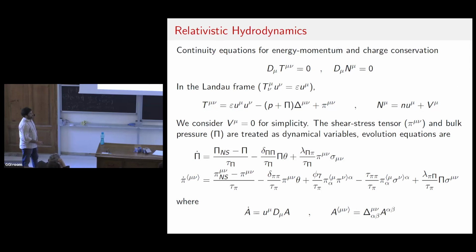For simplicity, we assume the baryon diffusion to be 0, and the shear stress tensor and the bulk pressure are treated as dynamical variables, the evolution equations of which have been derived in the DNMR framework. In these equations, and in whatever I show in later slides, the dot denotes the co-moving derivative, and this second rank-4 tensor is a projector that projects out the symmetric, traceless part, orthogonal to u^mu, of any rank 2 tensor.